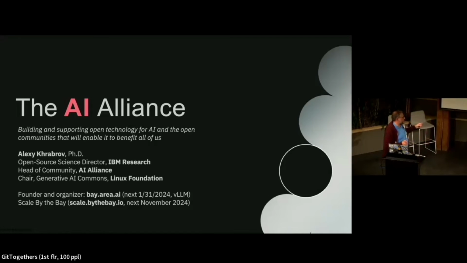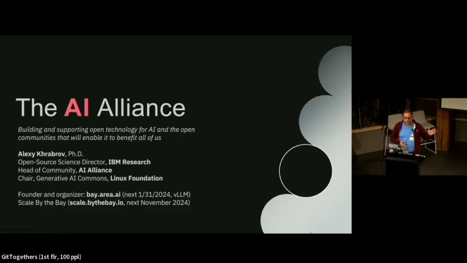I am also the Meetup organizer of Bay Area AI, the oldest, most established AI meetup still working in the Bay Area. We have about 5,000 members, and we are back live. We're going to gather again at IBM at 425 Market, January 31st.